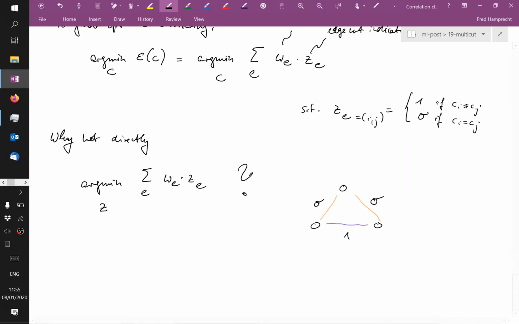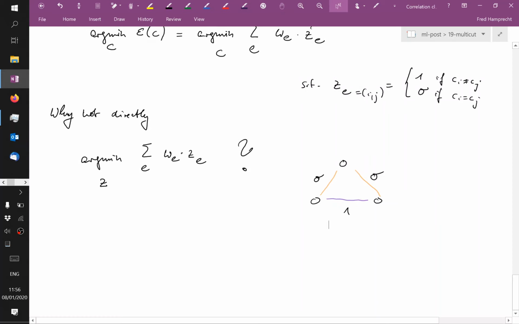But that is not a consistent partitioning of the graph. So if I only cut this edge and not the other 2, it's not clear what this means. So we need extra conditions to make sure that we get out a consistent solution from our optimization.